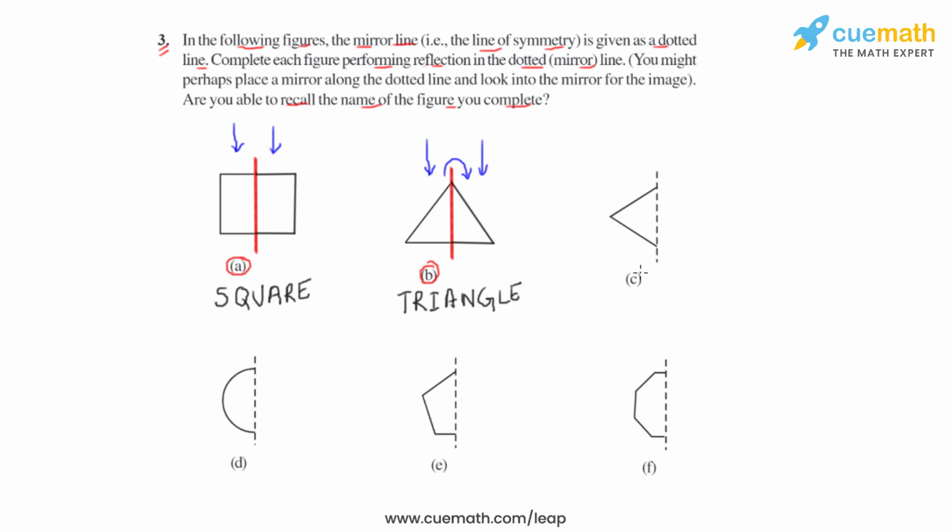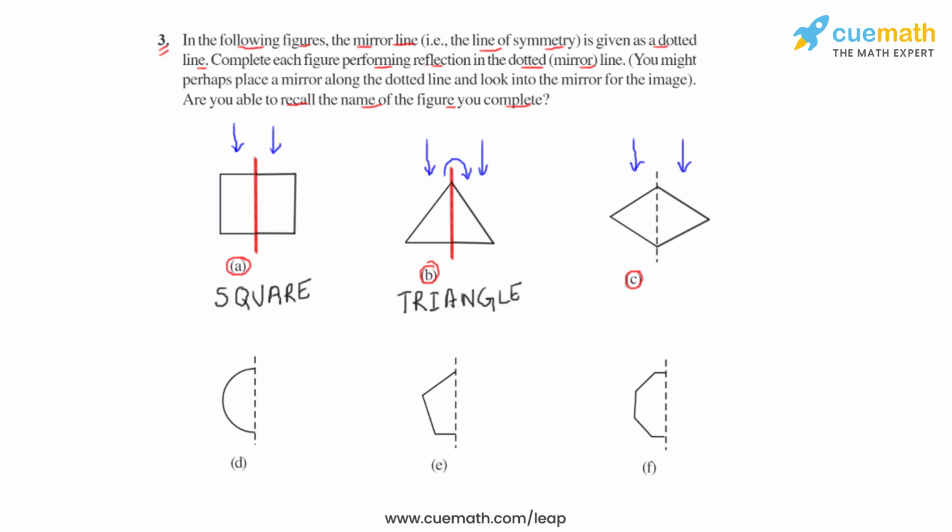Let us now see in part C, if we perform mirror reflection for this half using this as the mirror line, what are we going to get? So if we perform reflection, this would be the other half and would be the mirror reflection of the first half of the figure.